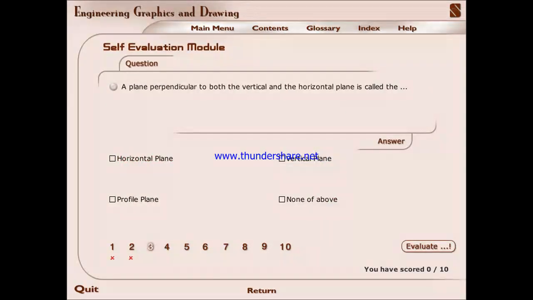Now next, the plane perpendicular to both the vertical and the horizontal plane is called horizontal plane, vertical plane, profile plane, none of these. Maybe it is profile plane. Similarly, fourth one, the view obtained by looking at an object from its front is called bottom view, plan view, front view.